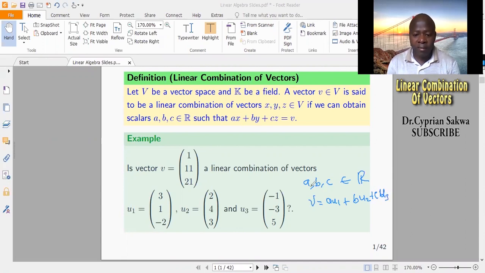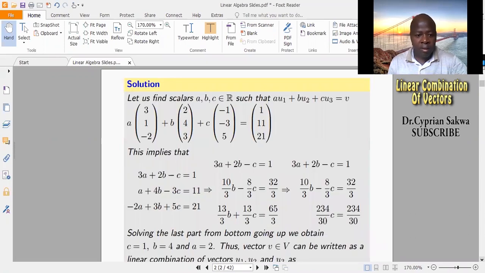Now, if these scalars A, B, C exist, then we say yes, vector V is a linear combination of these three vectors. But if they do not exist, then we say it's not a linear combination of these three vectors. So how we do it, we begin by letting A, B, C be our scalars.